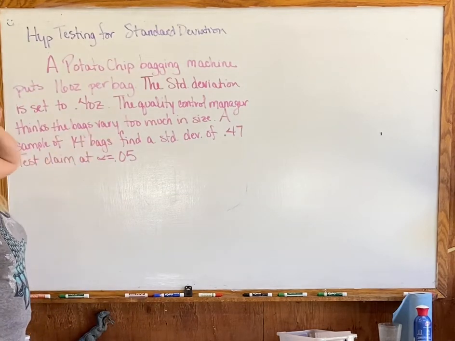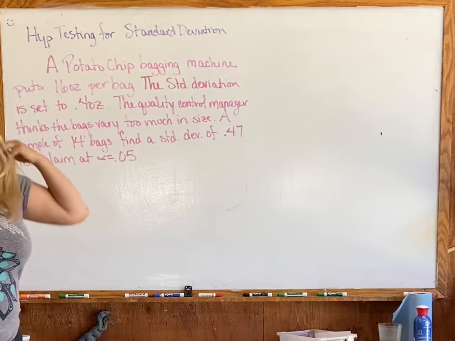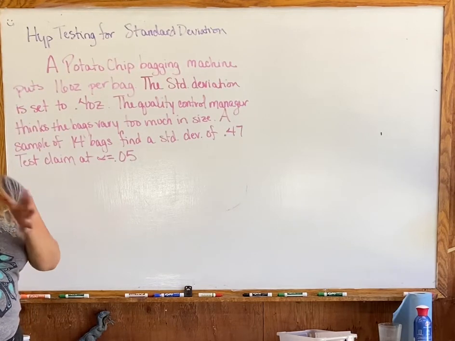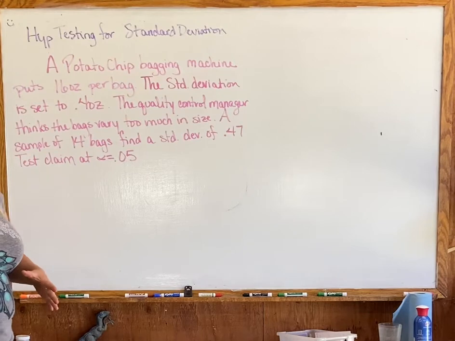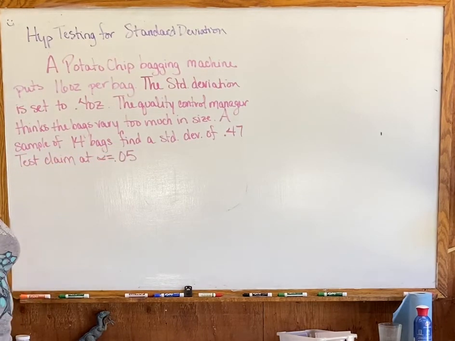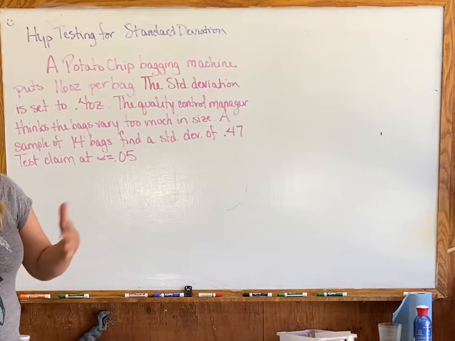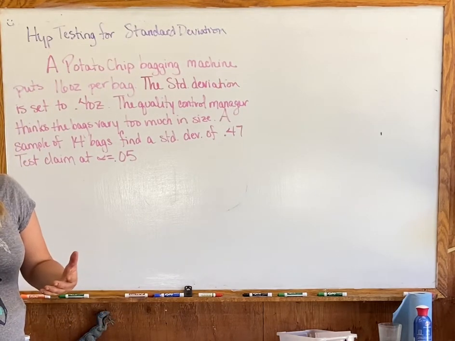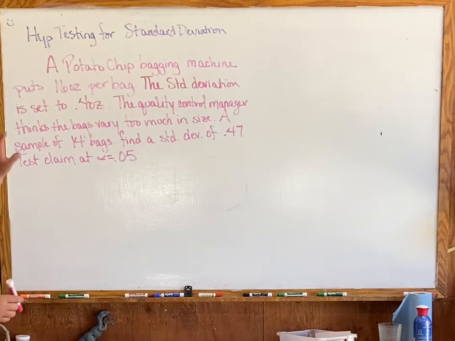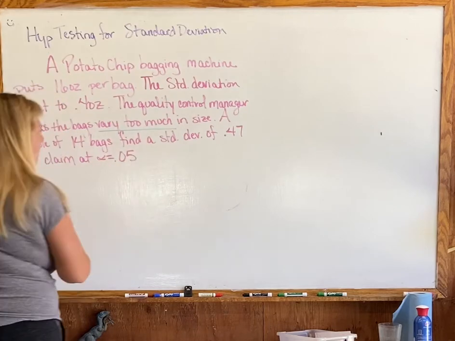So this quality control manager thinks the bags vary too much in size. So they're thinking that the bags are not as close to 16 ounces as they want. A sample of 14 bags finds a standard deviation of 0.47. So he pulls 14 bags off the machine, weighs them, gets their standard deviation, finds that it's 0.47. Well, let's see if the bags vary too much.